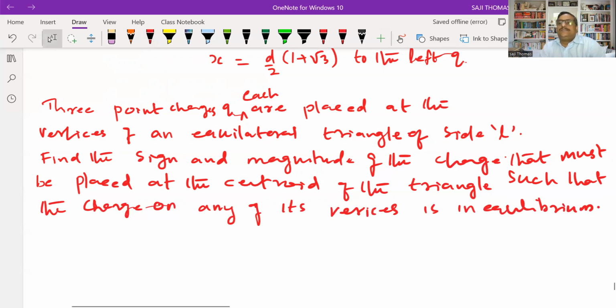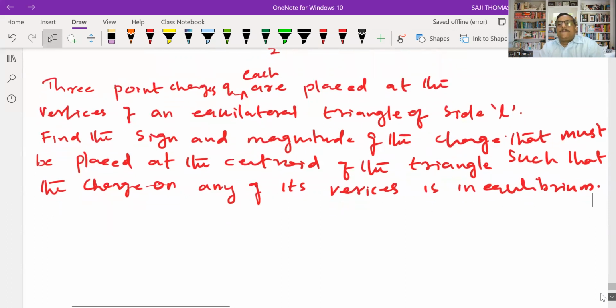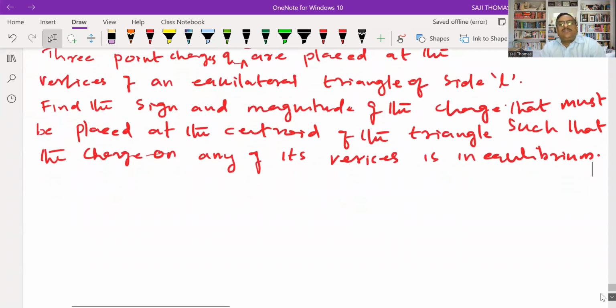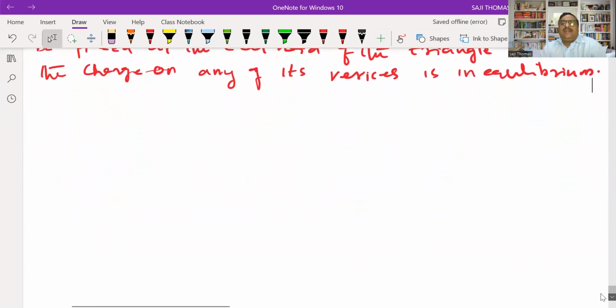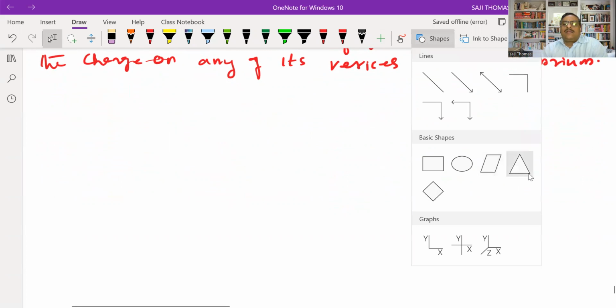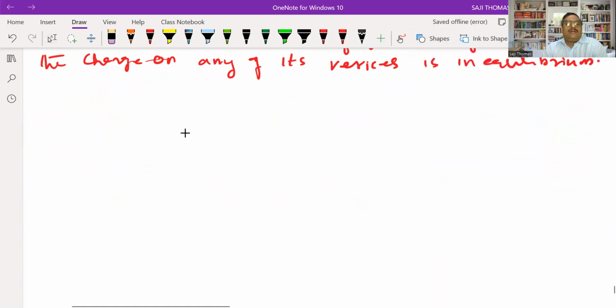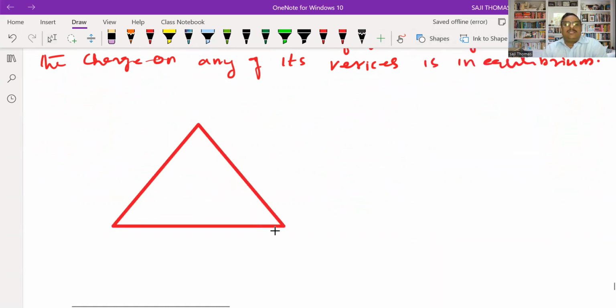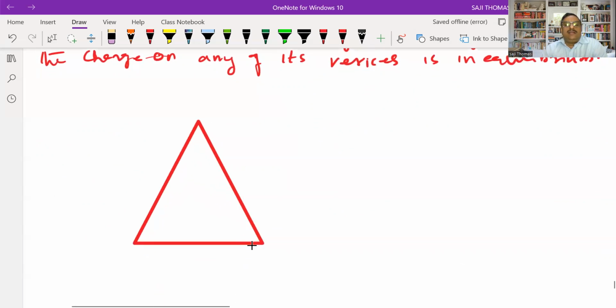Okay, this is the question. So similar one we have done. So first you draw the diagram. See, this is an equilateral triangle.